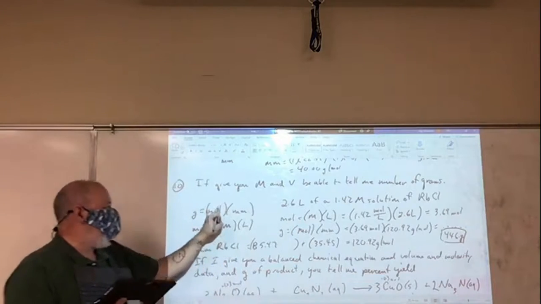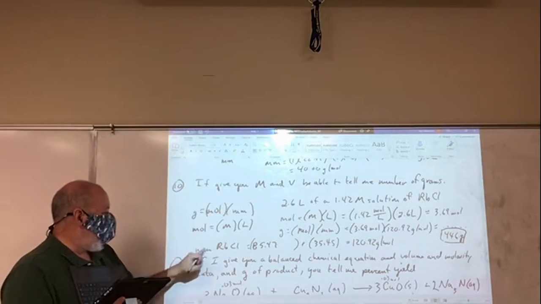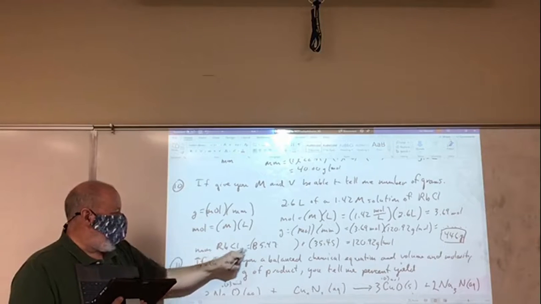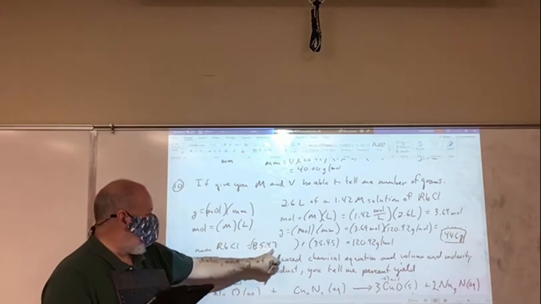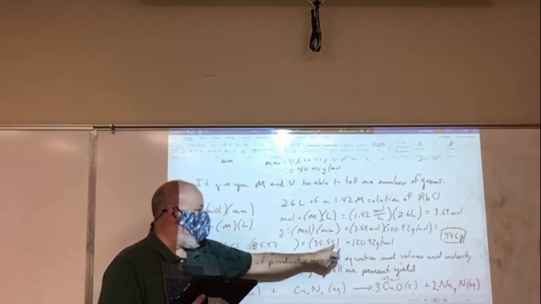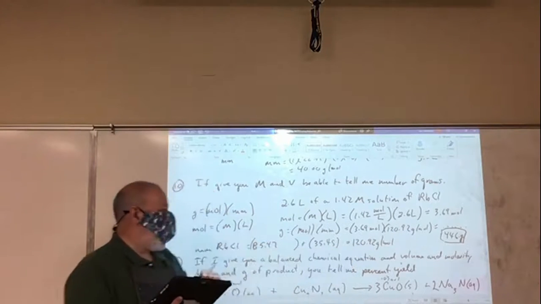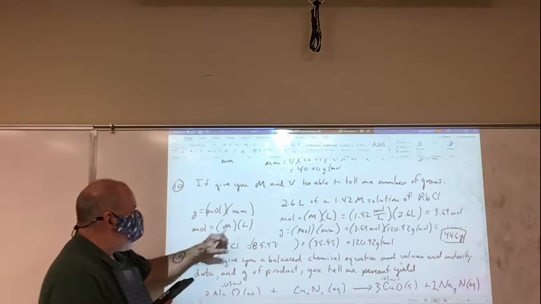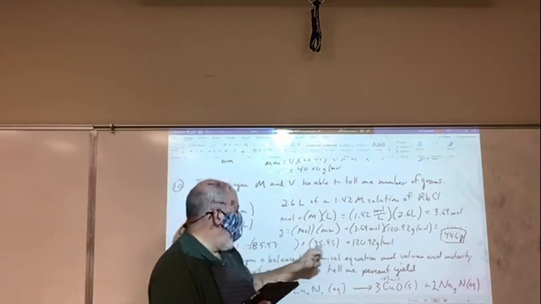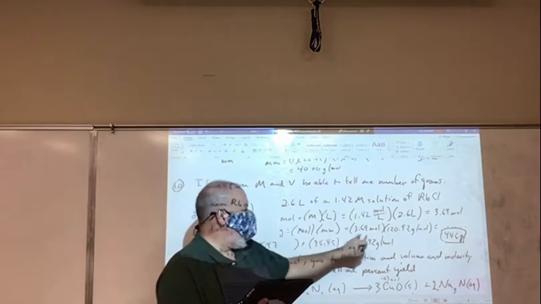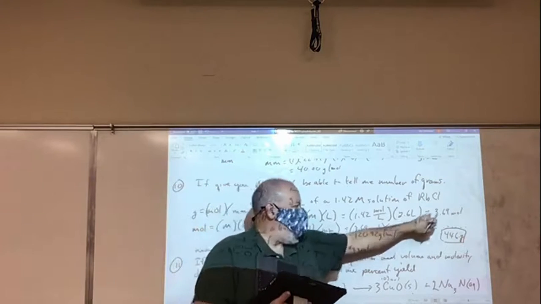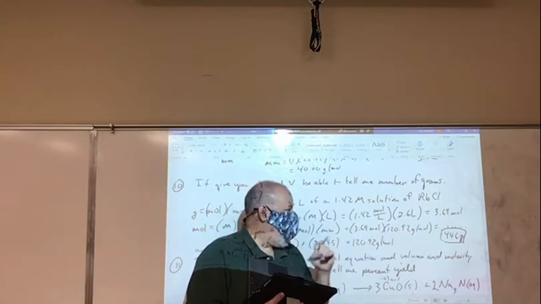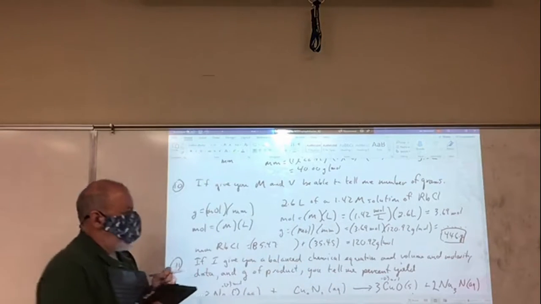Okay, I've got that piece of information now. I've also got to find the molar mass of rubidium chloride. That's 85.47 plus 35.45 equals 120.92 grams per mole. Now I can finish that calculation. Grams equals 3.69 moles times 120.92 grams per mole, and that equals 446 grams.